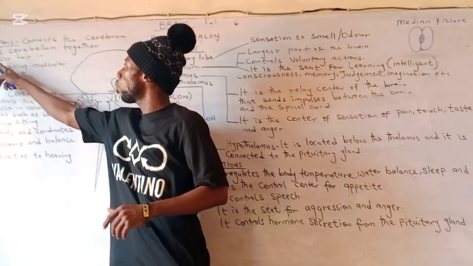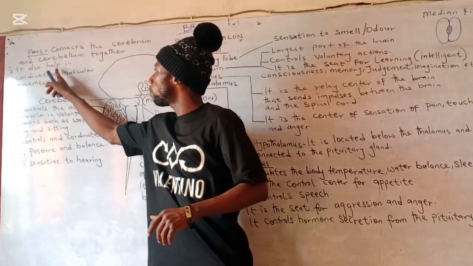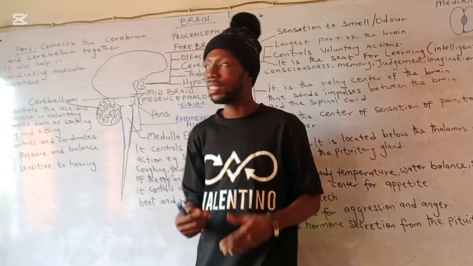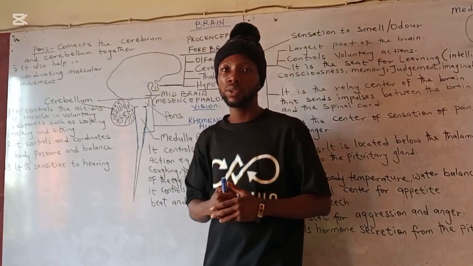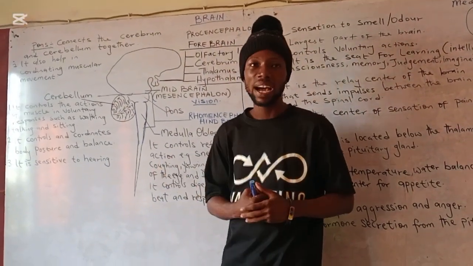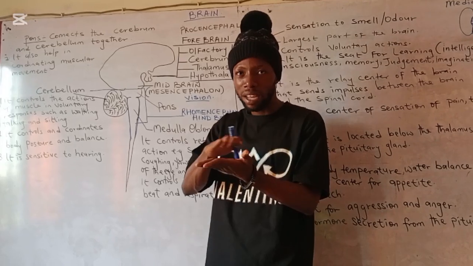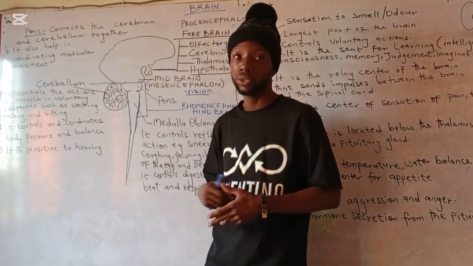Also, the pons helps in coordinating muscular activities, but this function is more pronounced in the medulla oblongata, just that some levels of it are controlled by the pons.